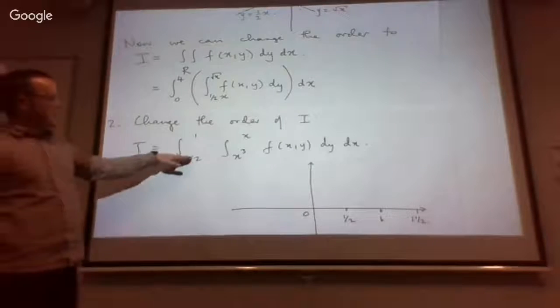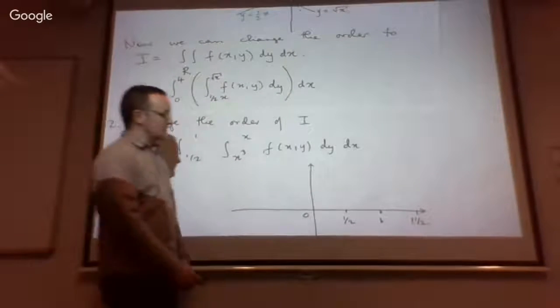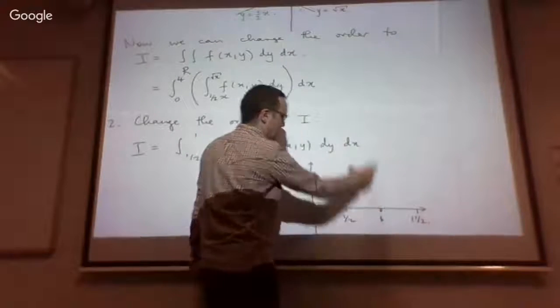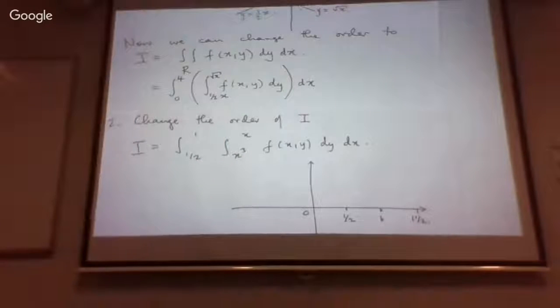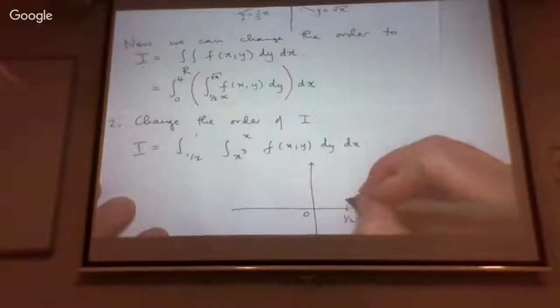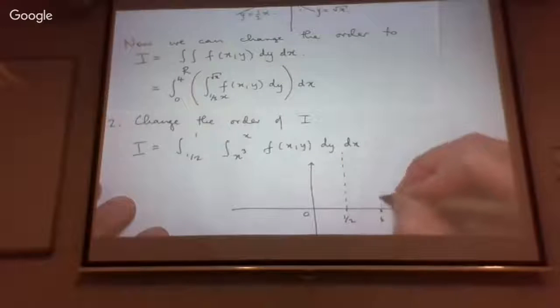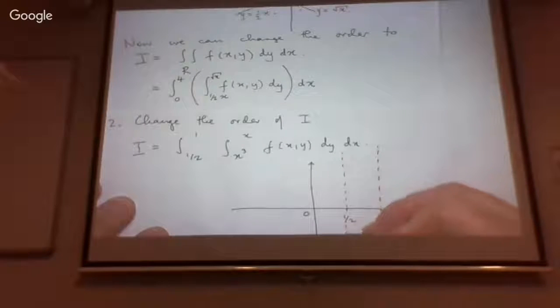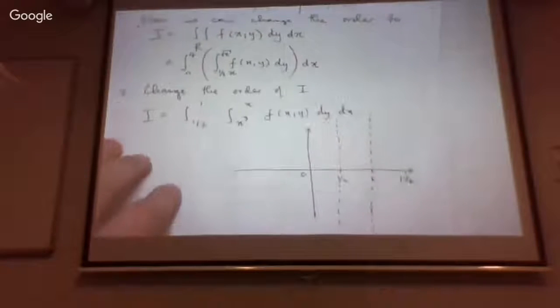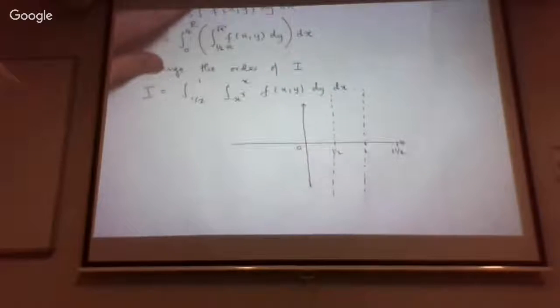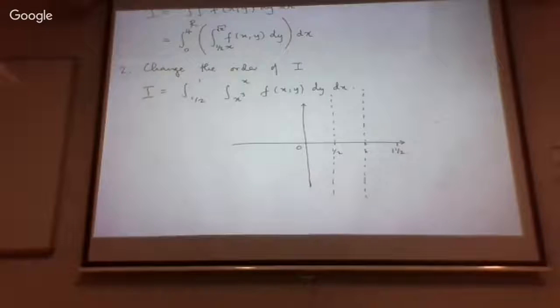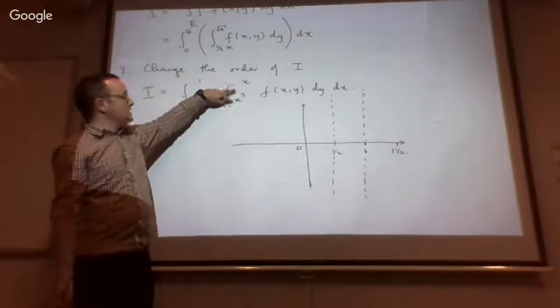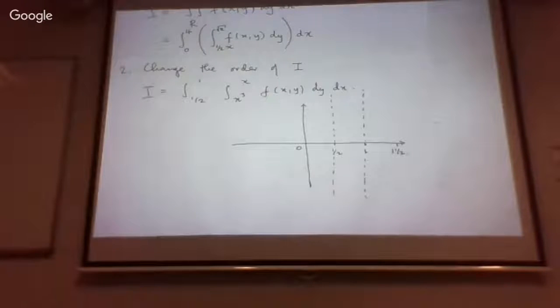Knowing that x begins at a half and ends at 1 means that the region of integration is somewhere in this infinite vertical band, the portion of the plane between x equals a half and x equals 1. But then for a given x value, the y variable varies between x cubed and x.